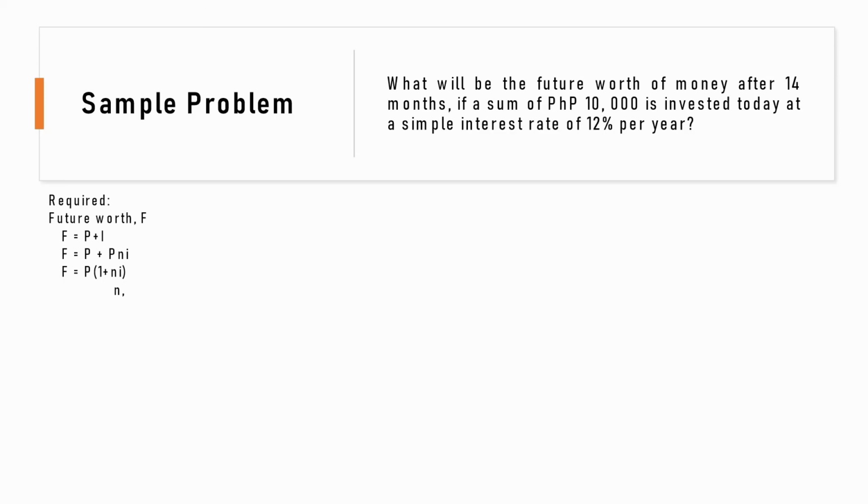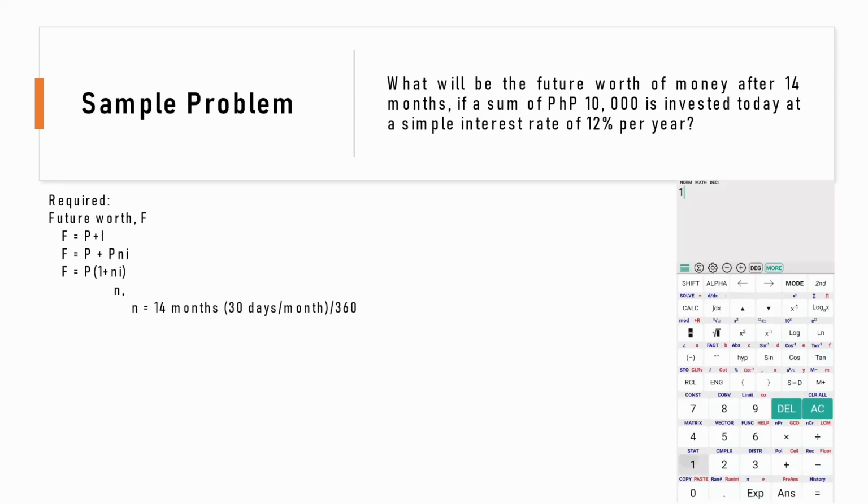So hindi sinabi dito kung ordinary or exact. So therefore, lalagay natin na 30 days per month. So i-assume natin kapag hindi sinabing ordinary or exact, lalagay natin siya as ordinary simple interest. So 14 months, meron tayong 30 days per month and then over 360. So therefore, 14 multiplies sa 30. So equal yan sa 420 over 360.